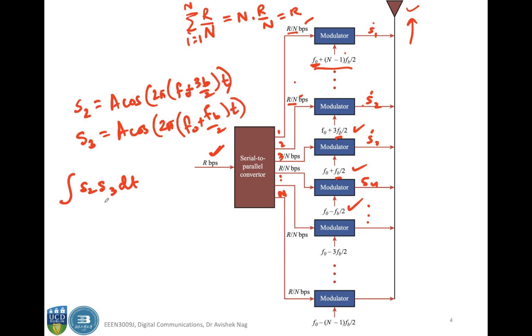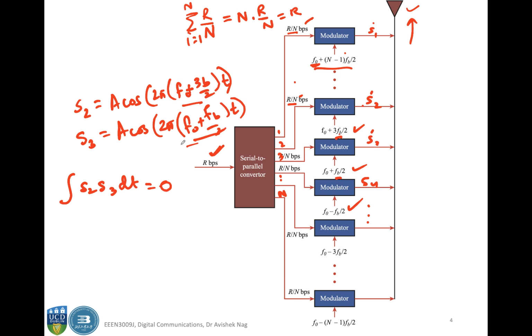As you all know from the concept of orthogonality, this multiplication integrated over T has to be 0, and that will impose some spacing between these two frequencies.